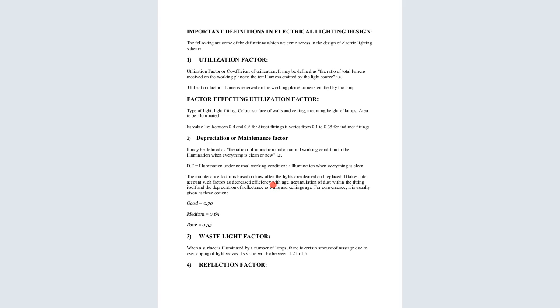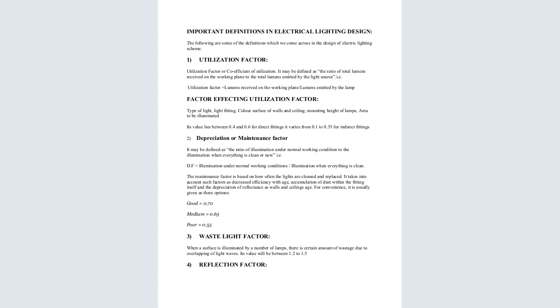The maintenance factor is based on how often the lights are cleaned and replaced. If we clean our lights more frequently, it means that our lighting will also be improving as we clean, and we will not need to replace all the time. So it takes into account such factors as decreased efficiency with age, accumulation of dust within the fitting itself, and the depreciation of the reflectance as walls and ceilings age.